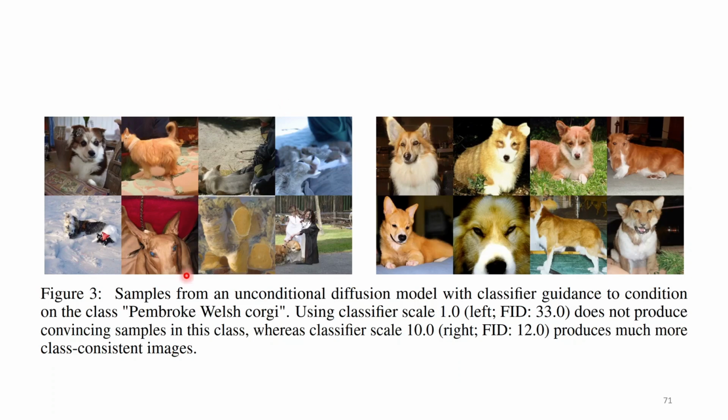For the left side, it means the guidance scale is 1.0, and for the right side, it means the guidance scale is 10. So visually, what does it tell us? It means if they apply the scale, and where does the scale come from? The scale comes from a classifier, but the classifier is not a part of the diffusion model. It is an external part. You can borrow it somewhere, but it is not part of the diffusion model.